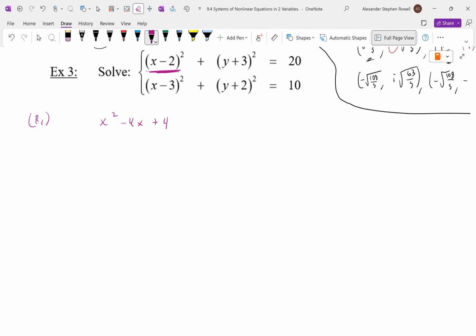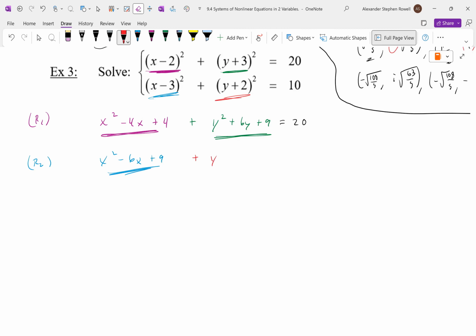And this one squared. Very good. And you definitely want to get to the point where you can do that. Equation 2, using the same thing, we would have x squared minus 6x plus 9 and y squared plus 4y plus 4.